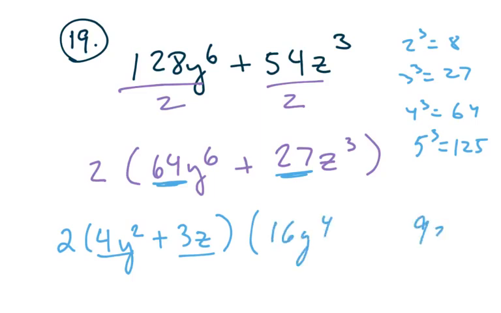The back is 9z squared. The middle is going to be 12y squared z. Now, can you catch what I did wrong? Hopefully you noticed that the same different positive, so this should be minus. Okay? Take one last look, see if there's anything else that can be done. Doesn't seem like it, so this is our answer.